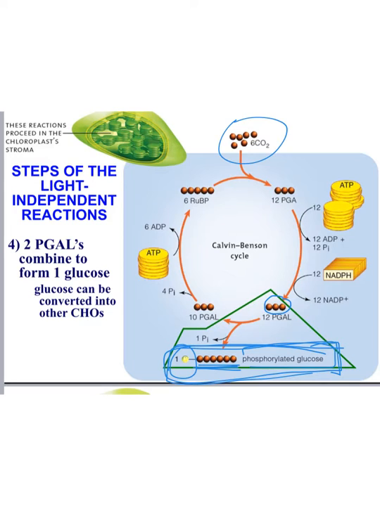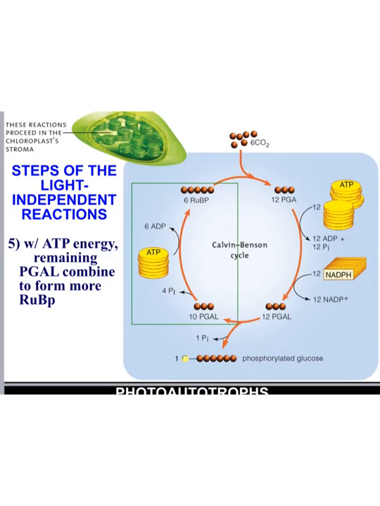So we made 12 of those very high energy pGal molecules. We just used 2 of them to make glucose. That leaves us with 10 molecules of pGal left over, which we are then going to use to regenerate our ribulose bisphosphate so that we can keep this cycle going and go through the cycle over and over and over again.